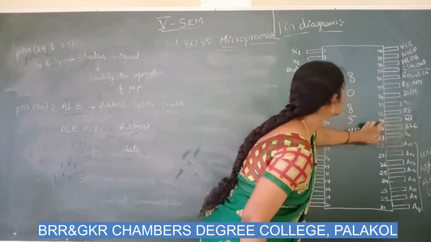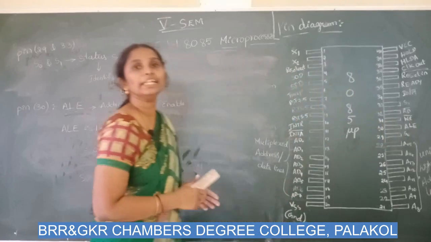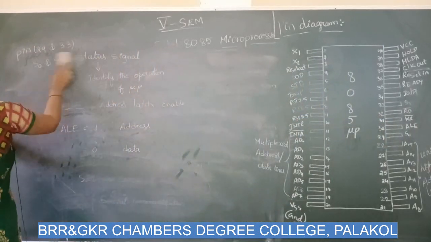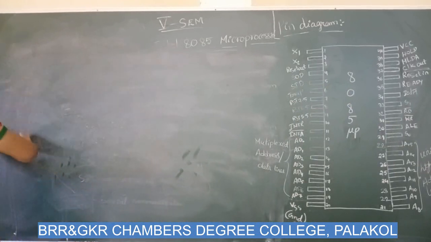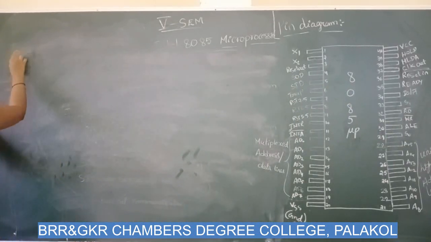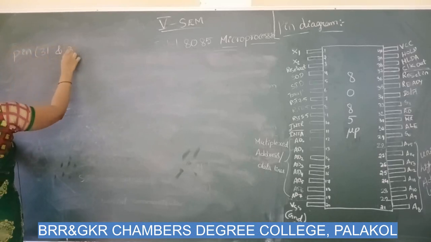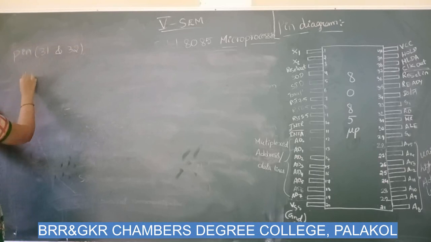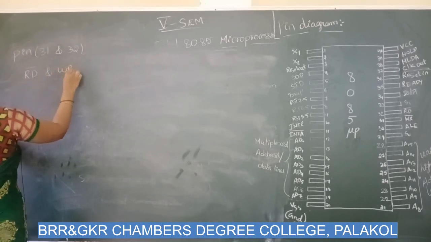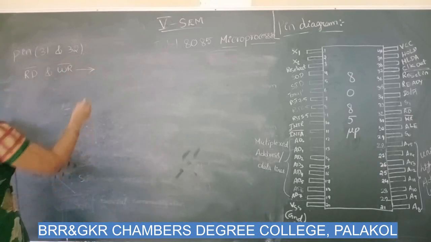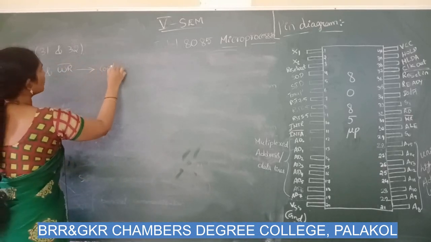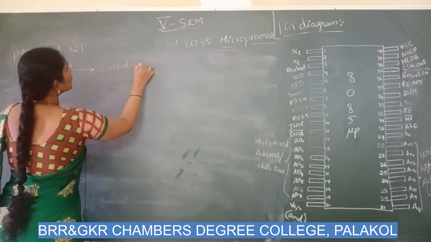And after that, pin numbers 31 and 32. Those pins are read bar and write bar. These two signals are the control signals.